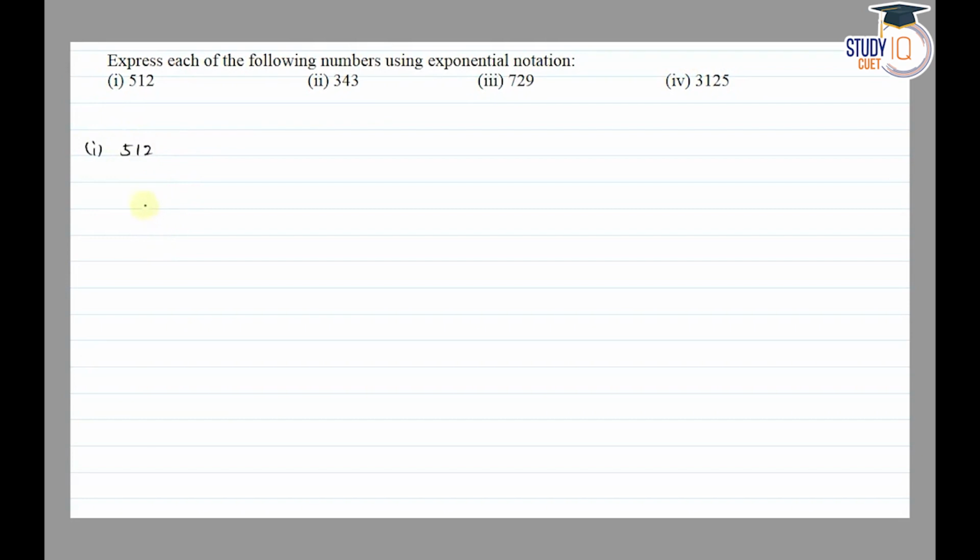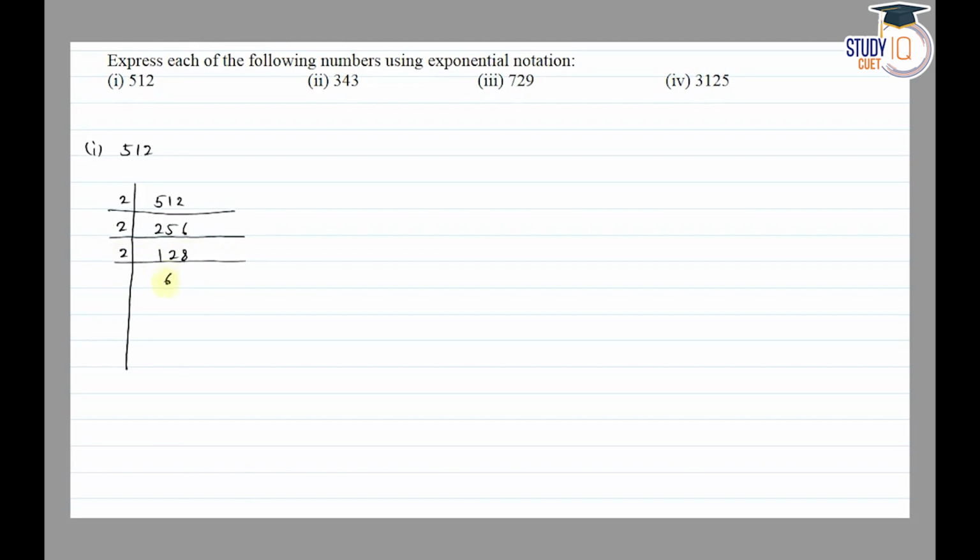512. So exponential notation में रिप्रेजेंट करने के लिए हम इसके पहले फैक्टर्स फाइंड आउट करेंगे. 512 2 से डिवाइड हो जाएगा. 2 2s are 4, 2 5s are 10, and 2 6s are 12. Then again 2 से 2 1s are 2, 2 2s are 4, and 2 8s are 16.